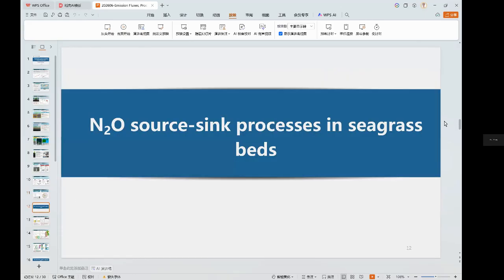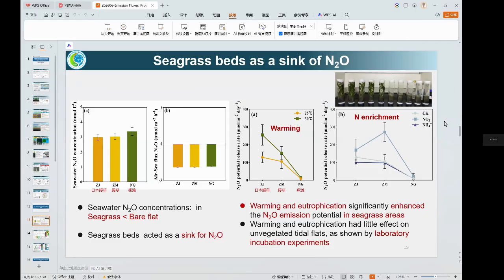Our first result: N2O sink processes in seagrass beds. The field investigation indicated that the seawater N2O concentration in seagrass regions is lower than in the bare flats, and the air-sea flux of N2O indicated that our seagrass bed acts as a net sink of N2O.